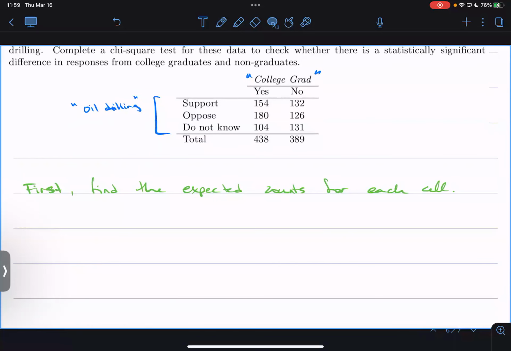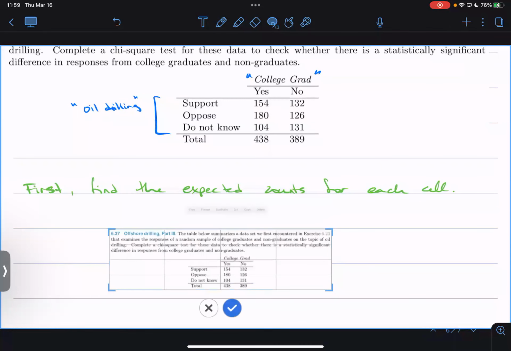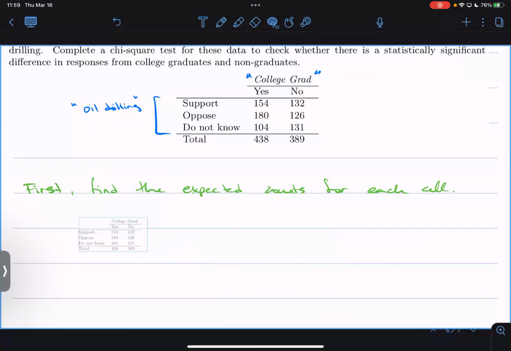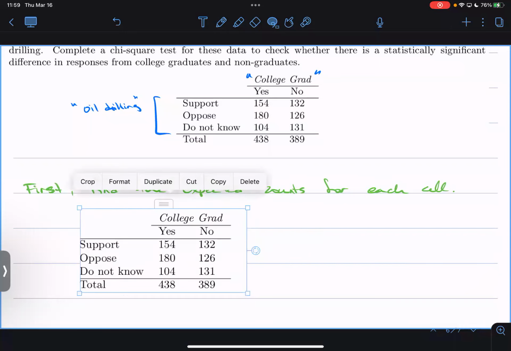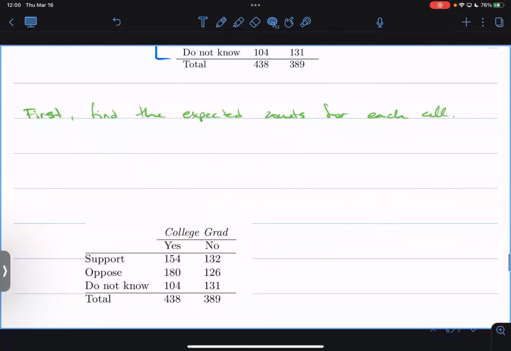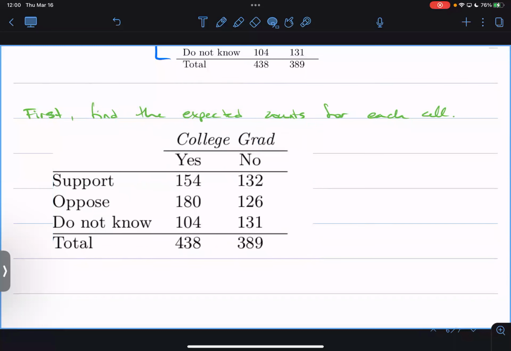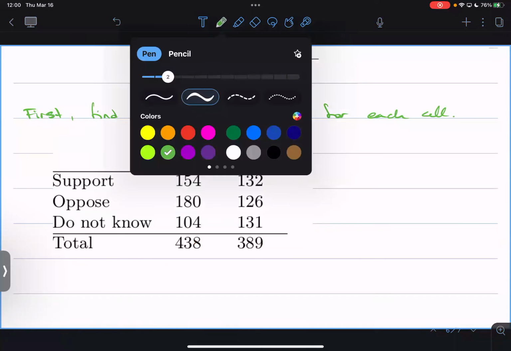Okay. Maybe I can crop top this. Yeah, they kind of did totals for some, but not all of it. It's weird. So I have the column totals, but I don't have the row totals, and I do need that. So let's jot that down first.